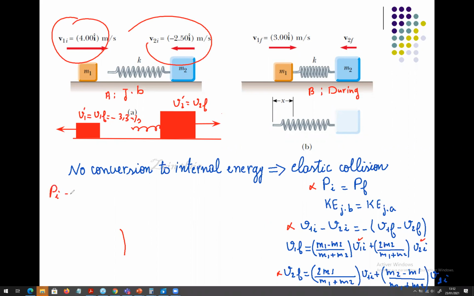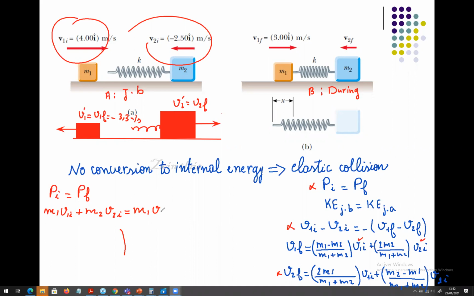So we can write M1 V1 initial plus M2 V2 initial equals M1 V1 final plus M2 V2 final, taking the state after the collision.